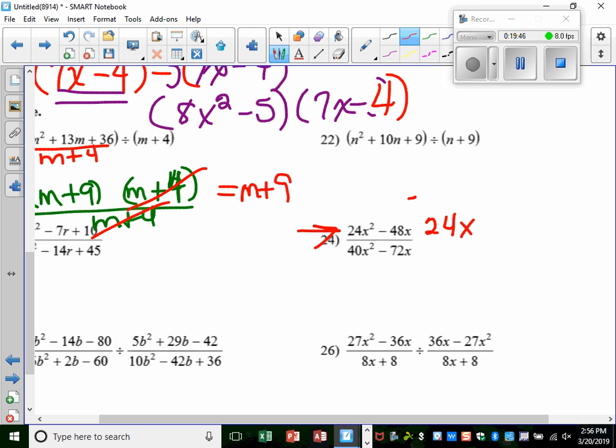So you're dividing both of these terms at the top by 24x. So I'm going to be left with x in the first term, and you can always distribute it back out. Will 24x times x give me 24x squared? Yes. And then when I divide 24 into 48, that's going to give me 2, is that right? And the x's cancel out.